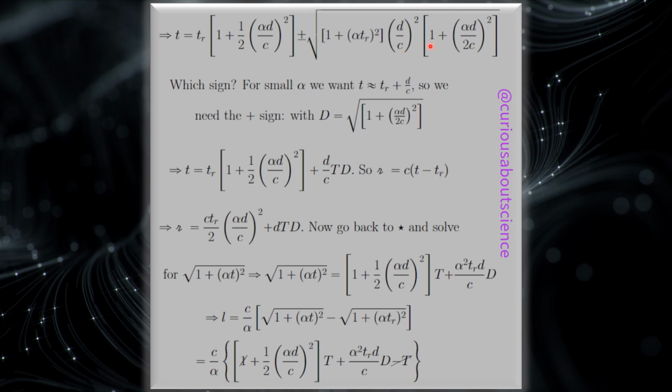Clearly, we're going to be left with this tag-along term. So in this expansion, we'll just let that be capital D. And so we can finally clean up things as much as possible to the point where we have this little expression, quote little, and so we can finally answer things like script r is equal to c times t minus tr, plug the things in for script r, and now we can go back to the start equation and solve for everything.